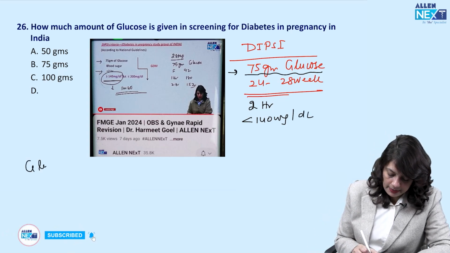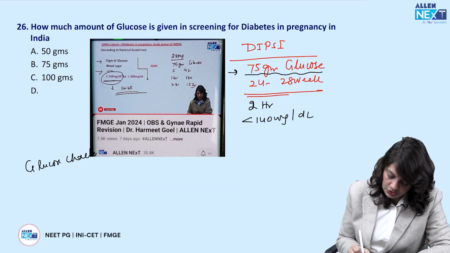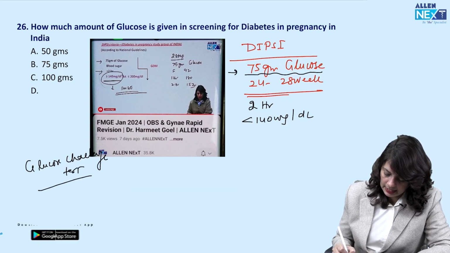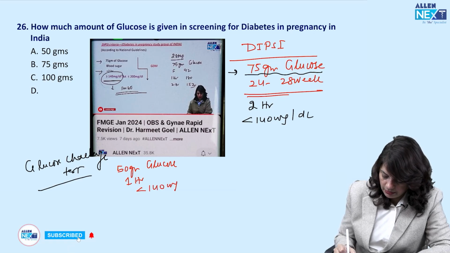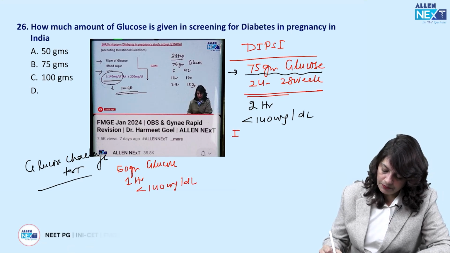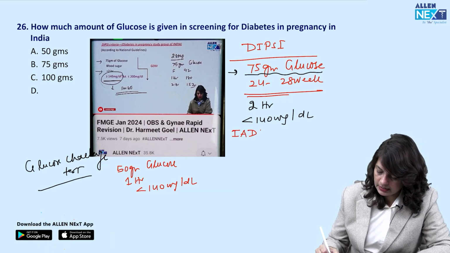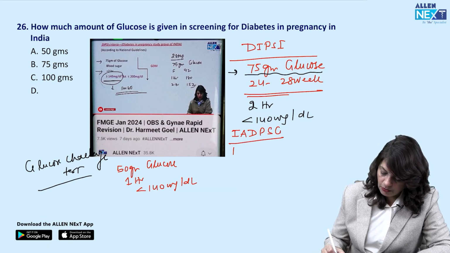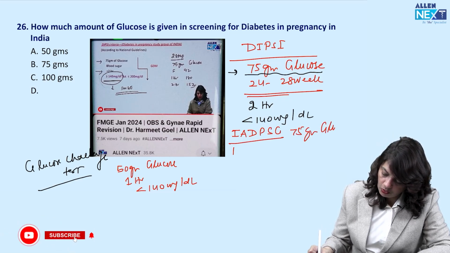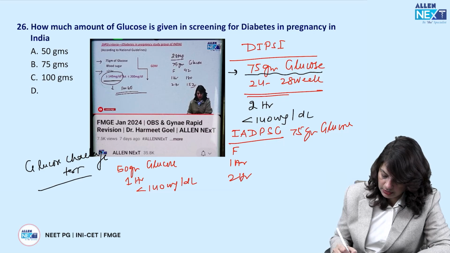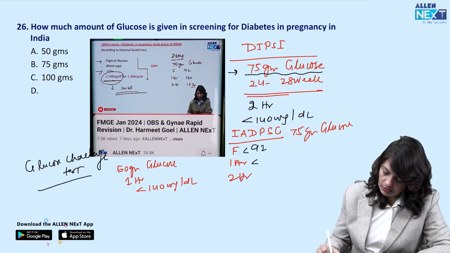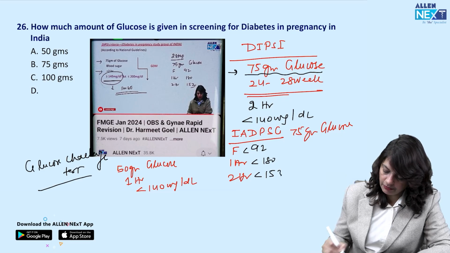If you are doing the glucose challenge test, that is done with 50 grams of glucose, and the value is taken after 1 hour. It is less than 140 milligram. If you go by the International Association of Diabetes and Pregnancy Study Groups criteria, where 75 grams of glucose is given, and you take fasting, 1 hour and 2 hour values, the cutoff values are 92, 180, and 153.